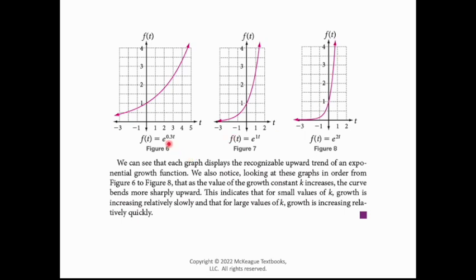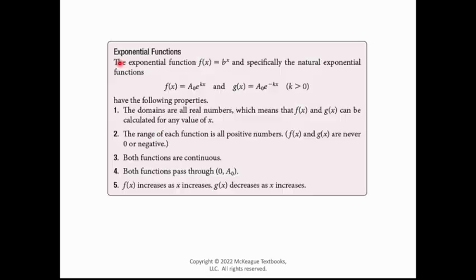And the same thing happens for if the constant is different, but the exponent is the same. So let's say this is 2 to the x. Let's say this is 3 to the x, and let's say this is 4 to the x. The 4 to the x is going to grow faster as opposed to the 2 to the x here.